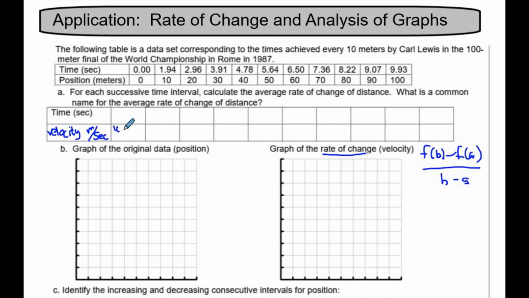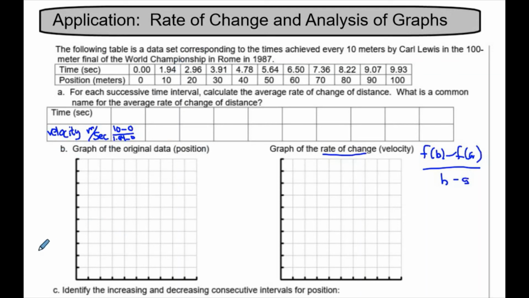So it would be 10 minus 0, f of b minus f of a, over the time, 1.94, the input, of 10 minus 0, and then you're going to use a calculator and figure out what all those values are all the way across like that. The next one would be 20 minus 10 over 2.96 minus 1.94.